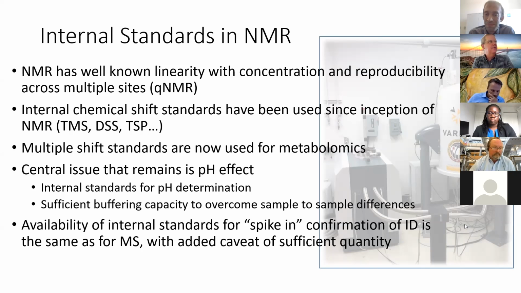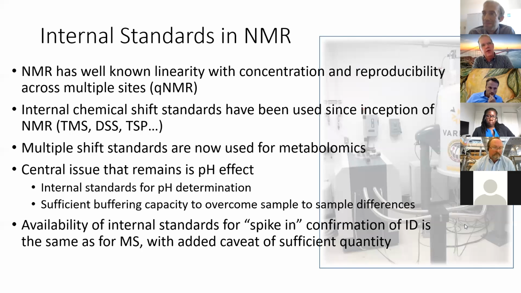In that case, you handle your sample in such a way that it comes down at a pH that you know and understand. But if you're doing a urine, you've got an option, and that is buffer the urine till it comes to a standard pH, and then just have everything relative to your chemical shift standard.